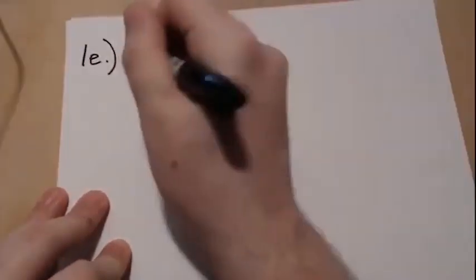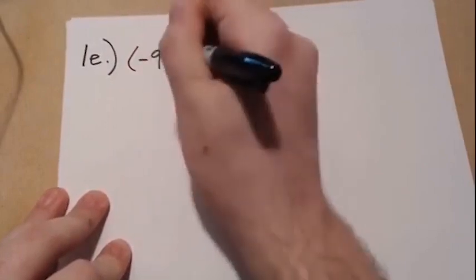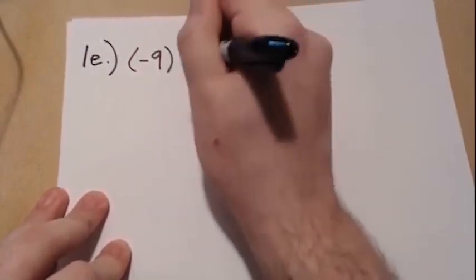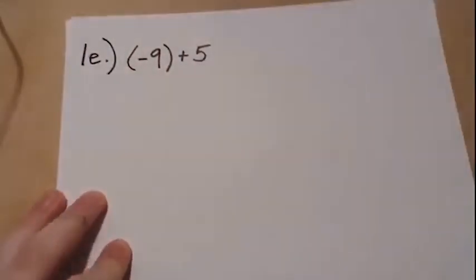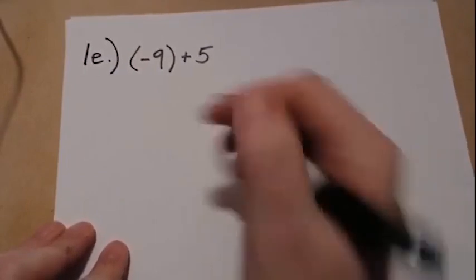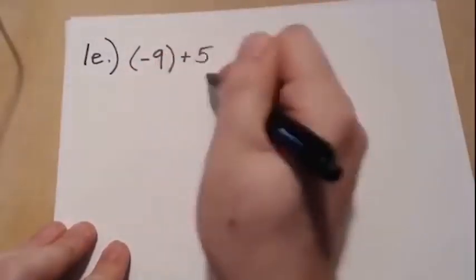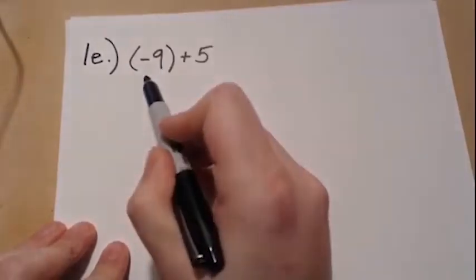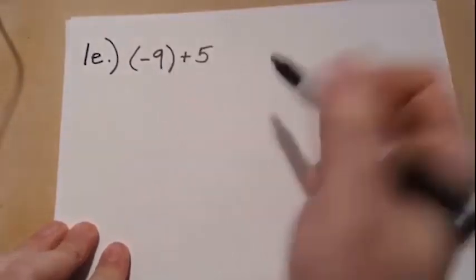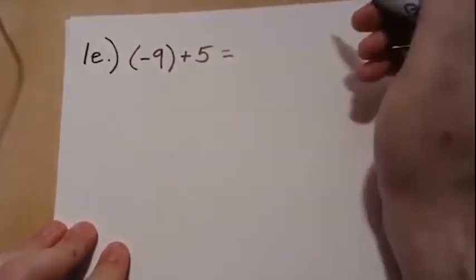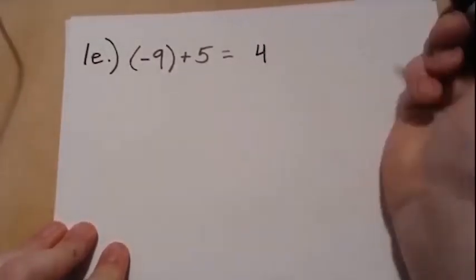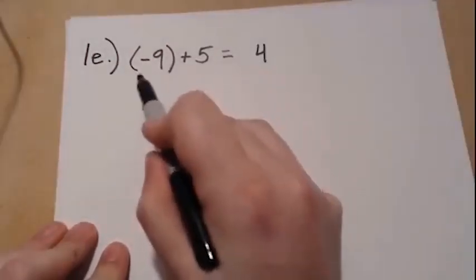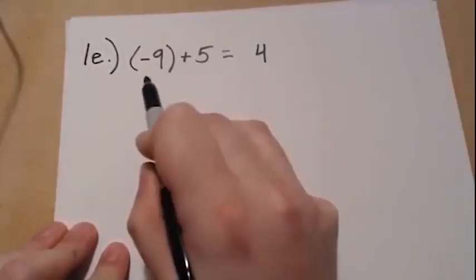In 1E, we have negative 9 plus 5. So we're adding one negative number plus one positive number. If we take the absolute values, we would have 9 and 5. 9 minus 5 is 4. And which of these numbers had the largest absolute value?